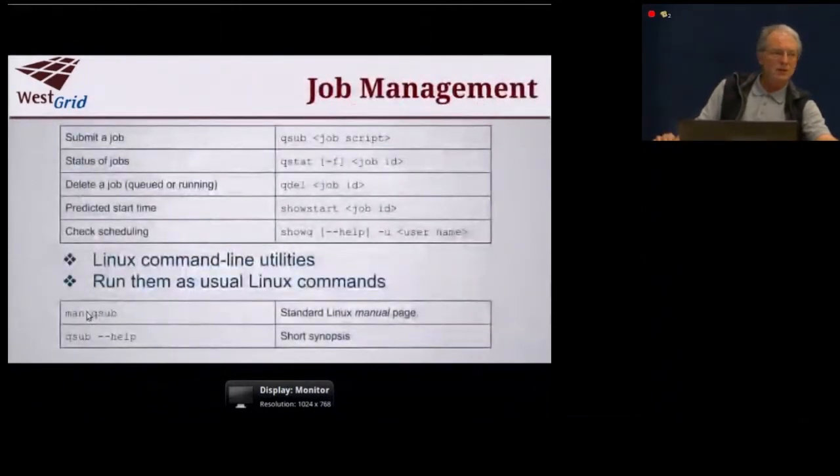The man pages just stand for manual, and that's a detailed description of the command. I find that even for experienced guys, we use the man pages all the time. man qsub, man qstat, and it'll just dump out the whole works. And then the --help. So there's some help stuff. They're all standard Linux commands. So you can do quite a bit playing around with your jobs and seeing what they're doing, when they're going to start, how they're going to go.